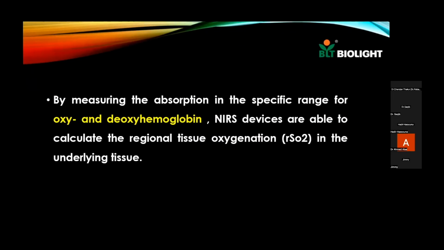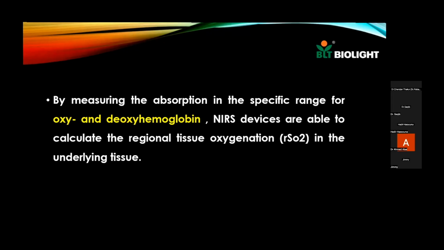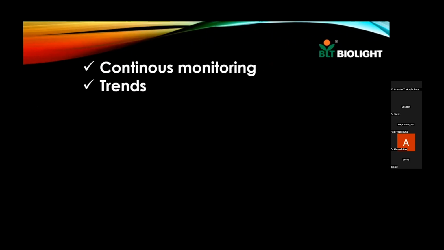By measuring the absorption in the specific range for oxy and deoxyhemoglobin, near-infrared spectroscopy devices are able to calculate the regional tissue oxygenation in the underlying tissue. But what is more important is the continuous monitoring using trends.